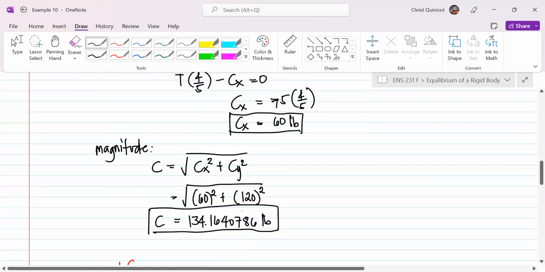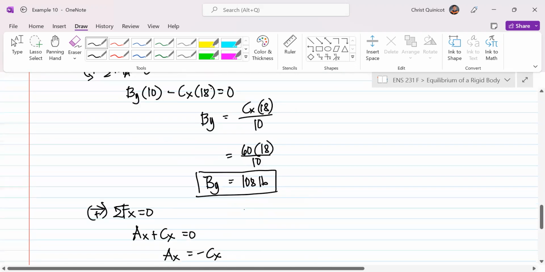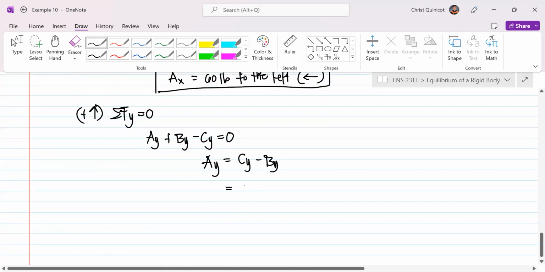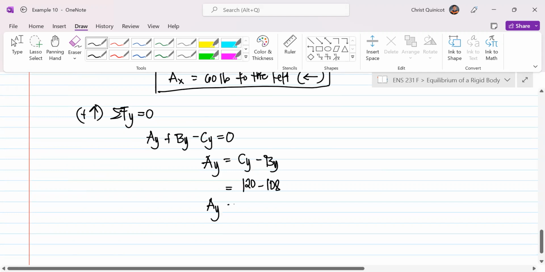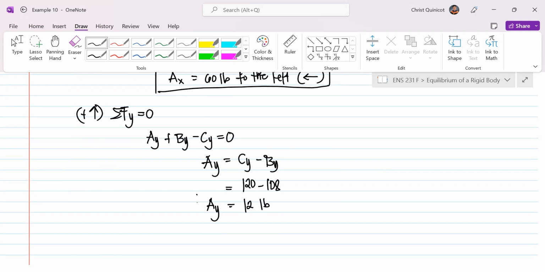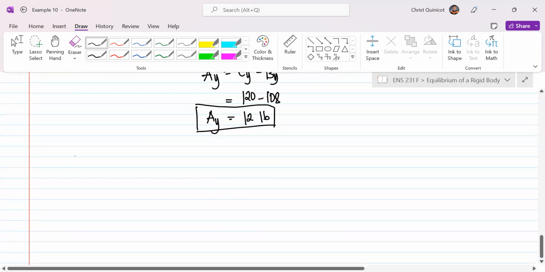C sub y is 120. B sub y is 108. So A sub y is equal to 120 minus 108. That's 12 pounds, A sub y.